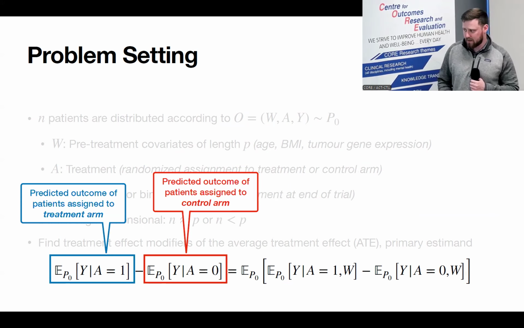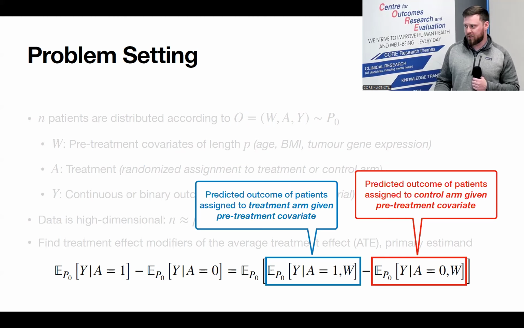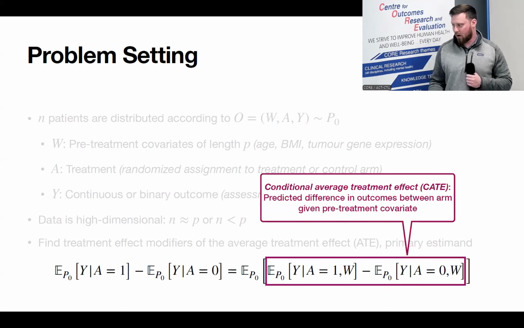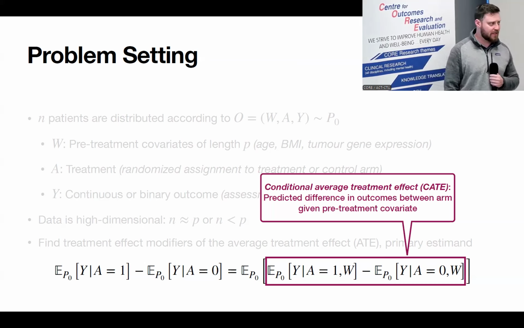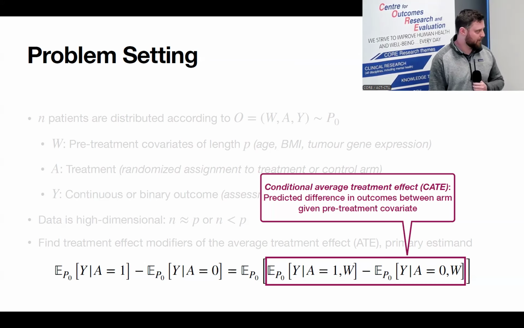Another way of writing this is to look at the predicted outcomes of patients assigned to the treatment arm given their pretreatment covariates minus a similar object, but for the control arm, and then averaging over all their pretreatment covariates to get the ATE. And what's inside these parentheses over here is called the conditional average treatment effect, which is simply the predicted difference in outcomes between arms given pretreatment covariates. And so you could use this to identify patients who benefit more or less from being in one arm or the other.